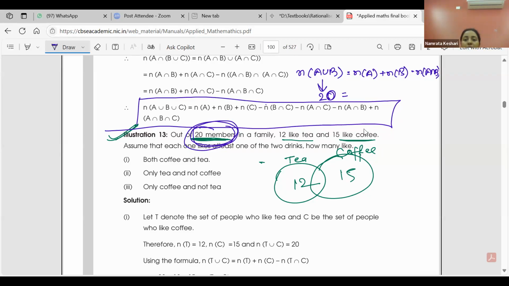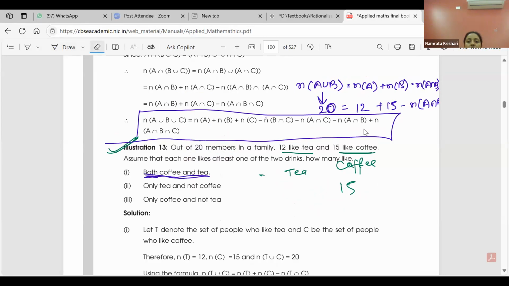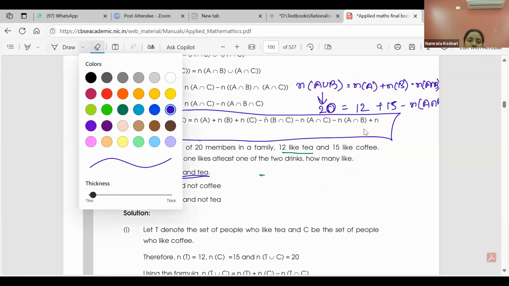Now number of elements in tea is 12, number of elements in coffee is 15, and the intersection we have to find, that means the common interest. Assume that each one likes at least one of the two drinks. How many like both? At first, the intersection we have to find. Let's find the intersection quickly because I want to explain the next part also.